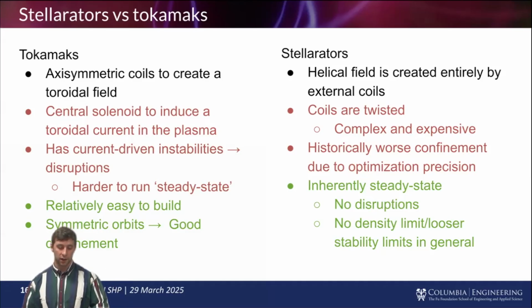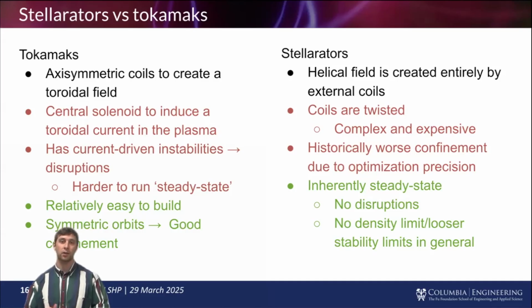In stellarators, the same effect is achieved with complex and expensive twisted coils. The drawback of the approach in tokamaks is that it leads to current-driven instabilities and disruptions, and they can be harder to run in steady state, partially because you actually have to pump energy into the plasma in order to sustain that plasma current throughout the discharge.